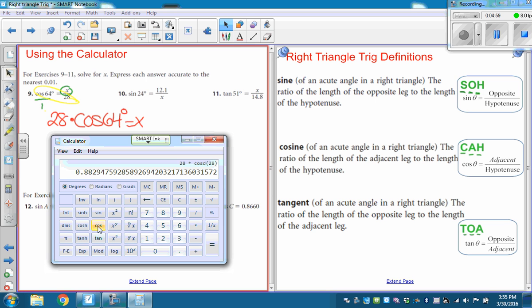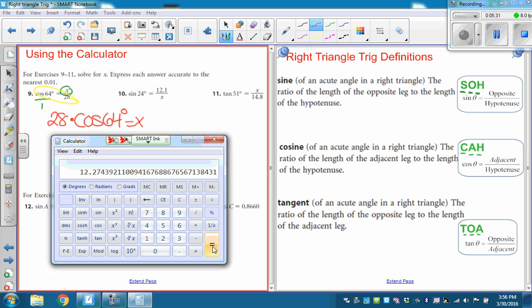On this calculator, I have to put the number in first, and on your calculator in class you won't. So it's not going to be the exact same, but I have to actually put the degrees in first on this calculator and take the cosine of it. It's like an old-fashioned calculator, and then multiply it by 28. So you practice that with the calculator that you have.